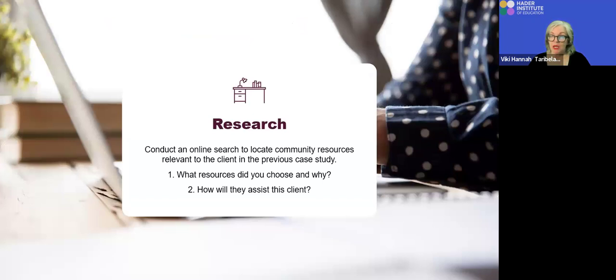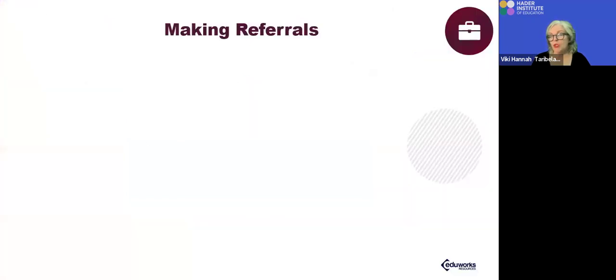So you do some of your own online research around your local community resources relevant to the client's case study. We give you some, but you should really be jumping into this space and embracing it. Advocacy is a great opportunity to be able to find out who is out there to help clients. Your role could be just overseeing who is supporting the client, those wraparound supports for holistic care. You do not have to be everything to everyone.